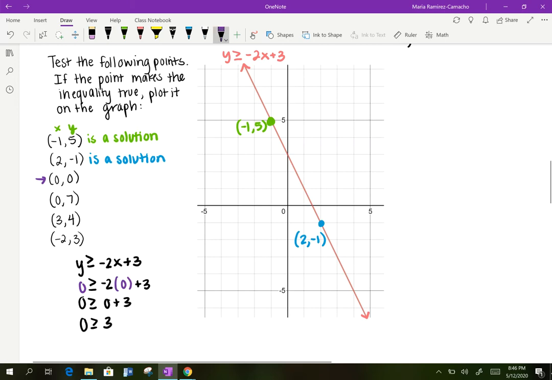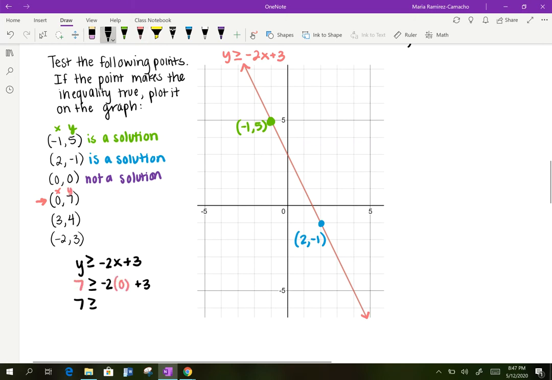Zero is not greater than or equal to 3, so not a solution, which means I'm not going to graph it. I'm not going to draw that point. Let's try 0, 7 now. So we're going to plug in 0 for x and 7 for y.